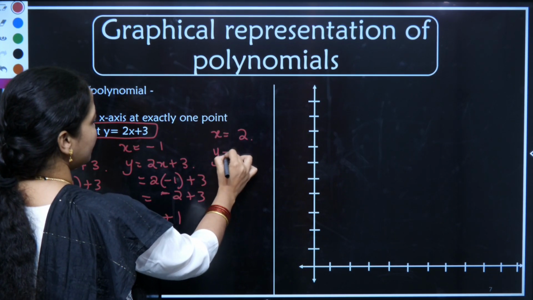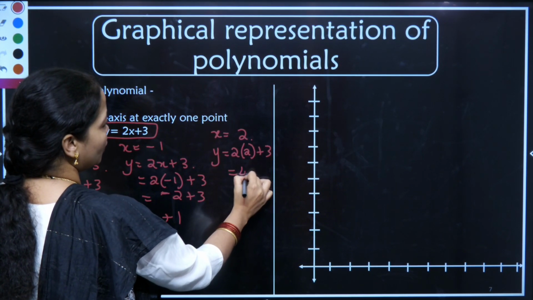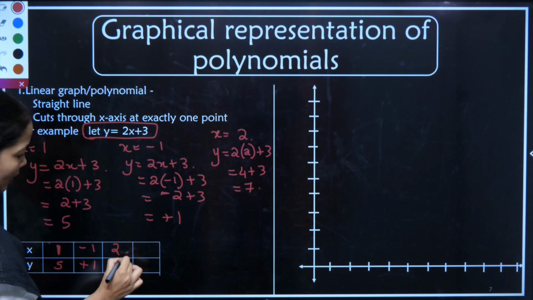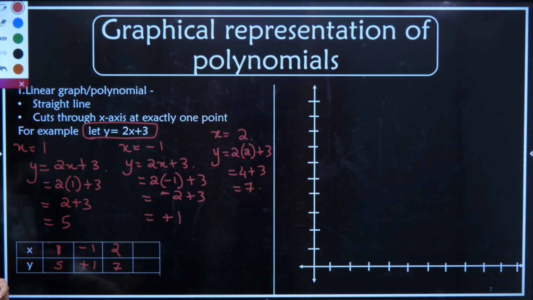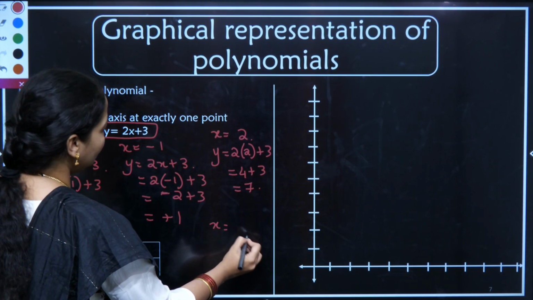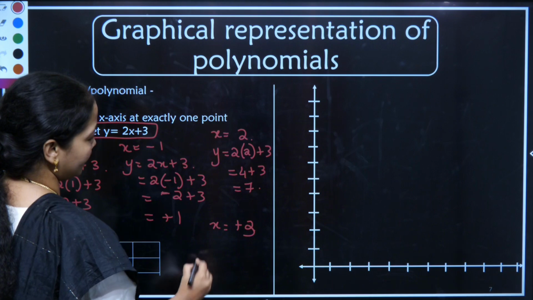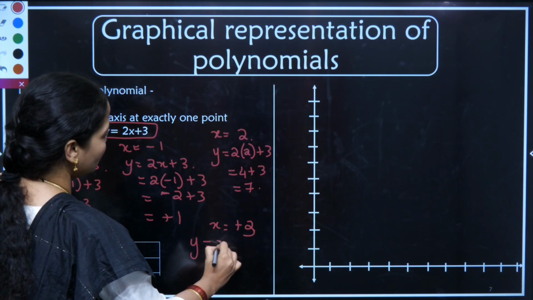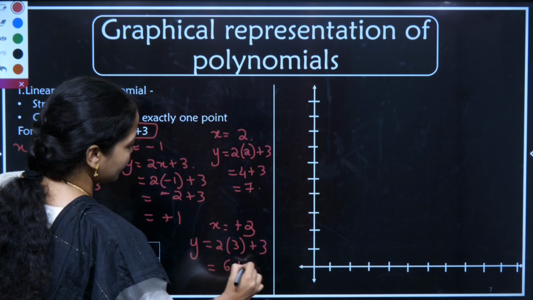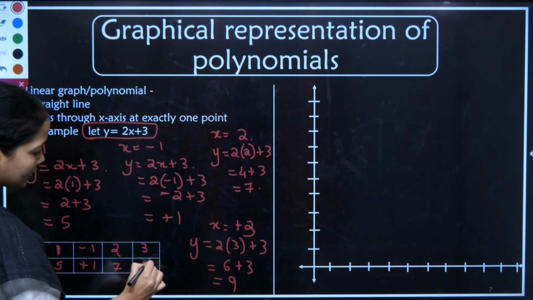So y is equal to 2 into 2 plus 3, which is 4 plus 3, that is 7. When x was 2, y is 7. Another value to fill up the table, let us take x equal to 3. So y is equal to 2 into 3 plus 3, that is 2 threes are 6 plus 3, which is 9. So when x was 3, y is 9.